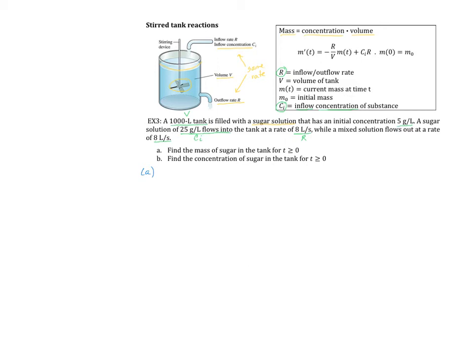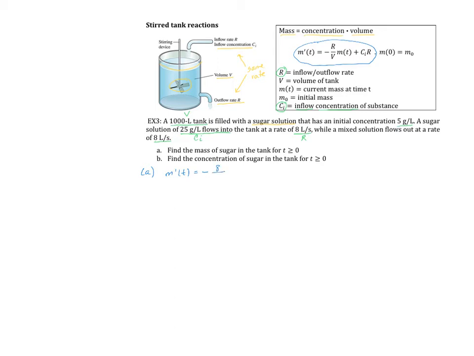So R is 8. Well, let's just go ahead and look at our formula. The rate at which the mass of the sugar in our fluid is changing is going to be a negative R over V. R is 8.